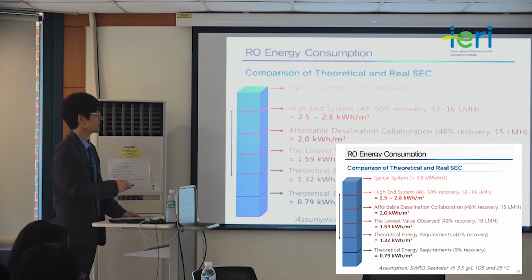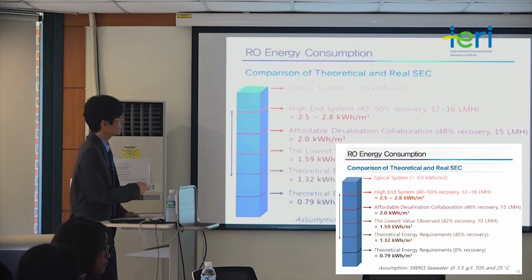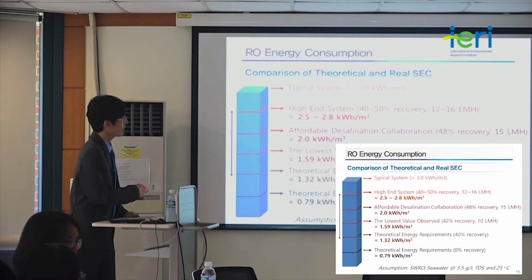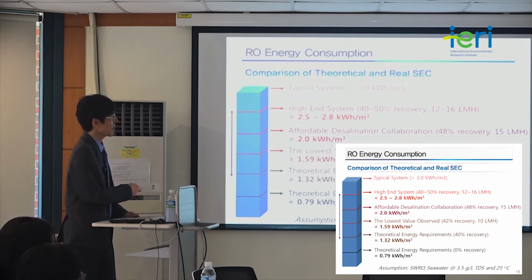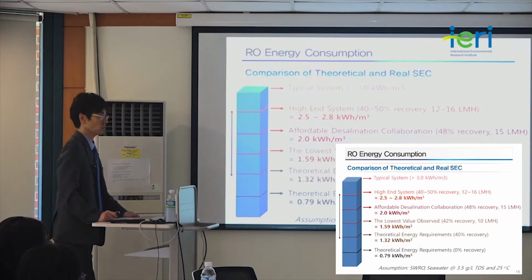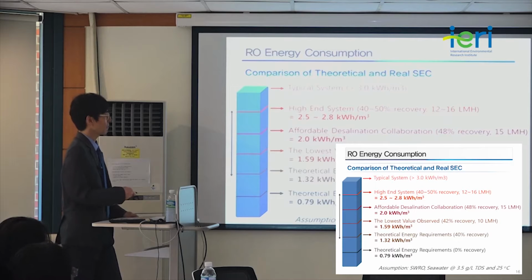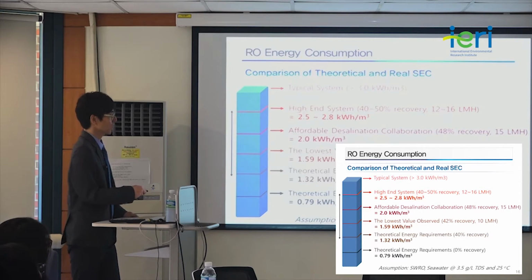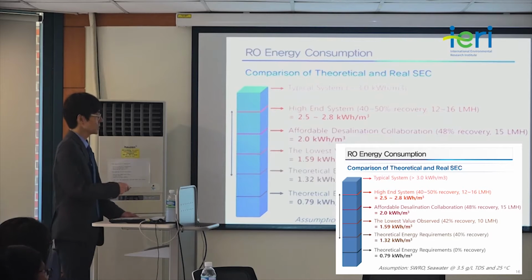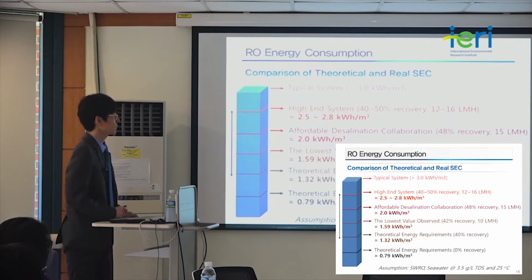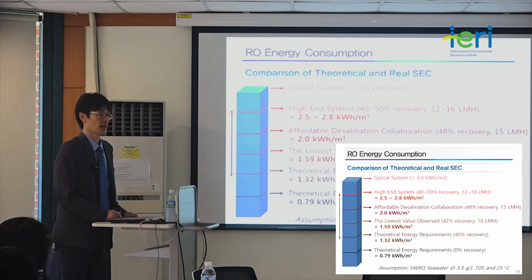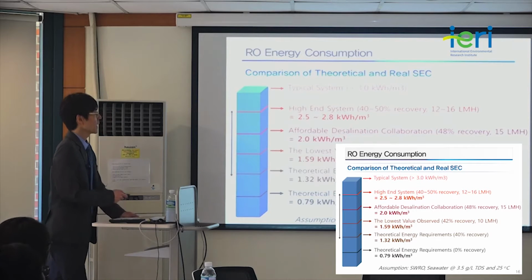In such cases, we have a slightly higher thermodynamic energy requirement even at 0% recovery. So in the previous case, we talked about 0.7 kilowatt hour per cubic meter, but in this case, we have higher salt concentration. So this minimum value is 0.79 kilowatt hour per cubic meter.